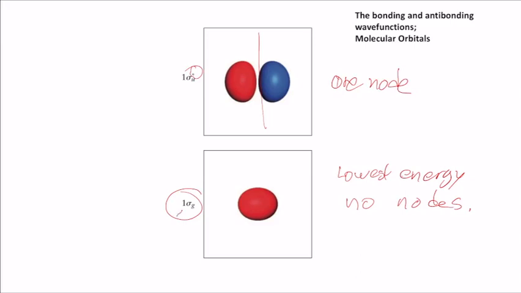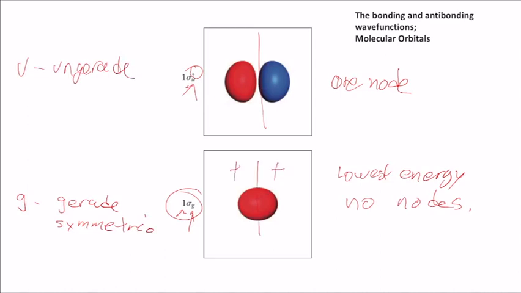So we have the sigma, and then we have a designation of G. G stands for gerade, and you can think of this as symmetric. And then U stands for ungerade, or asymmetric. So here we see that the wave function does not change phase. There are no nodes. Here we see that the nodes change sign, and therefore it's an ungerade state. Okay? Now, gerade goes according to the internuclear distance.